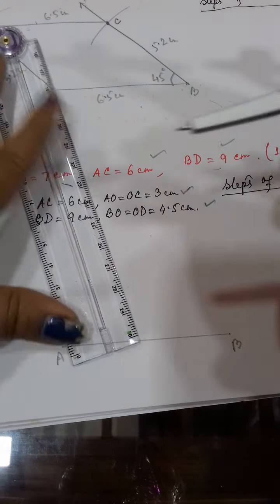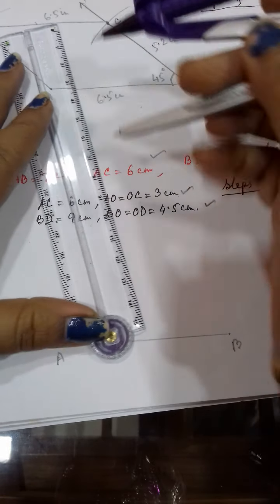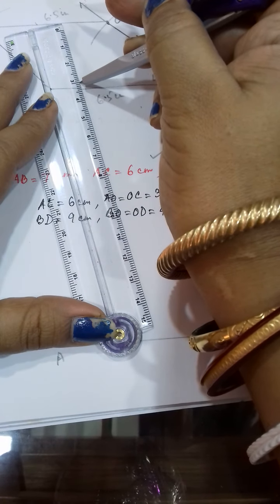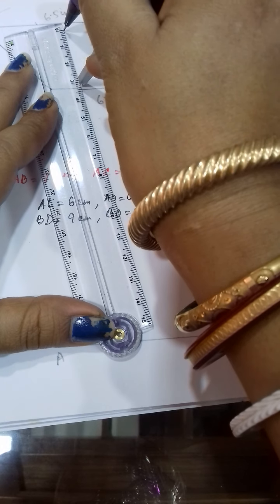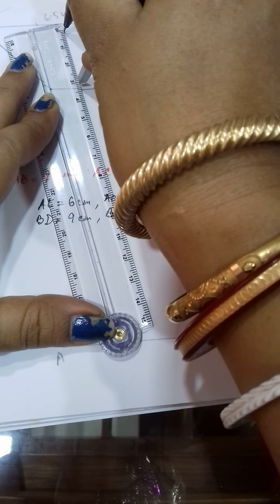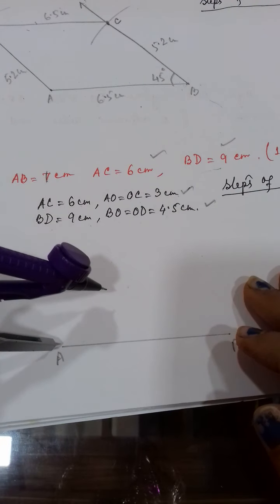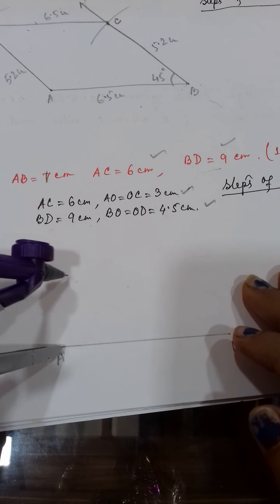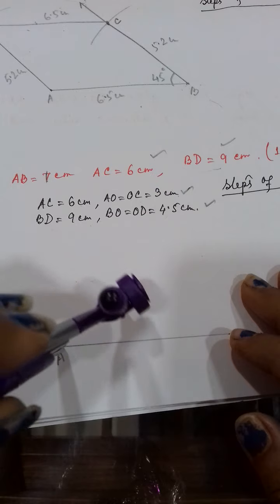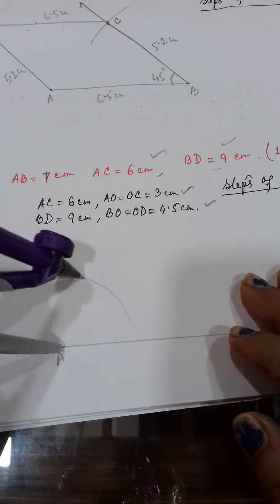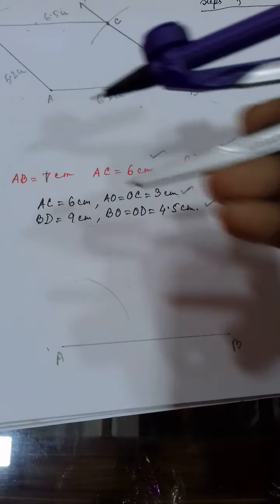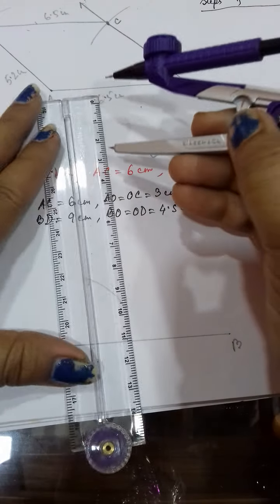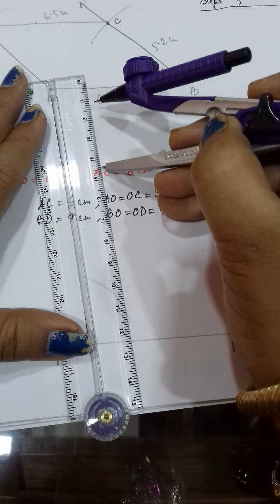So first you consider 3 centimeter and 4.5 centimeter. 3 centimeter, half of AC, that means AO, 3 centimeter. So place your compass at A. With 3 centimeter you draw an arc. Now you construct OB, 4.5 centimeter.